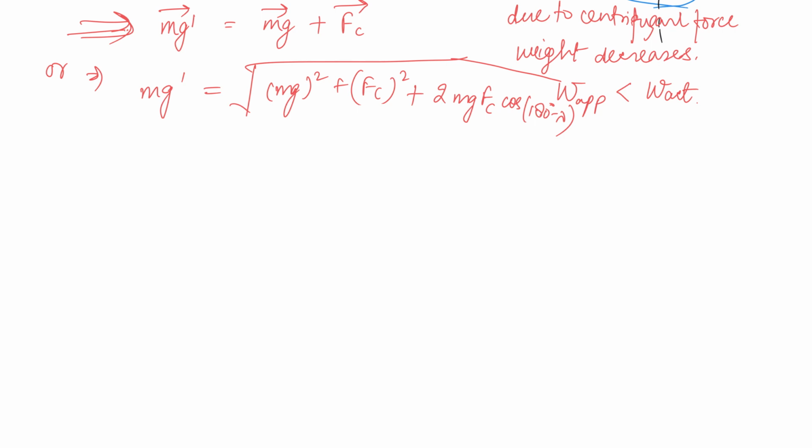Now, what is the centrifugal force? For centrifugal force, we know that it is m omega square r, and this will be m omega square r cos lambda. So this small r will be the resolved part of the lambda. So r is r cos lambda.